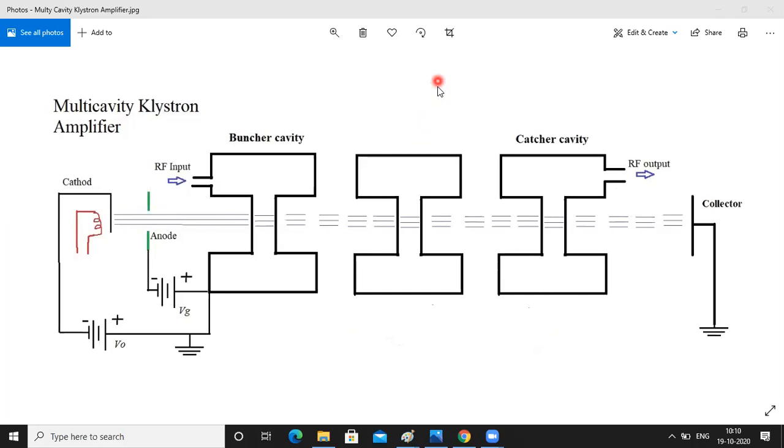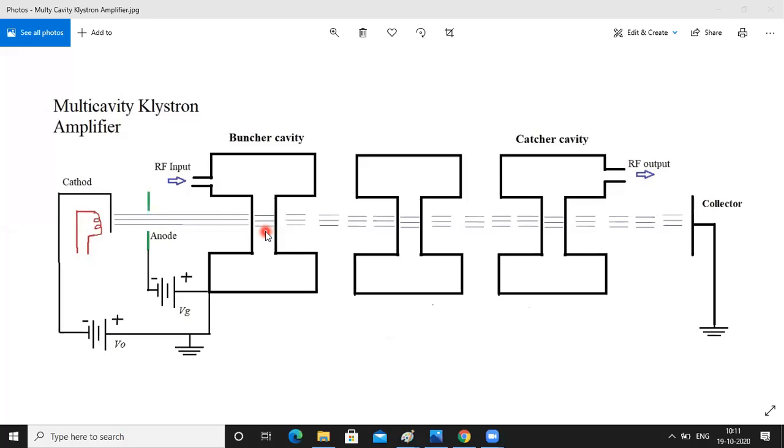Now what happens here: the electrons come with their natural velocity, and here the bunching action takes place, which is for the velocity modulation. This bunching is done in this cavity as well as in this cavity. What is this bunching action? These electrons form a bunch.